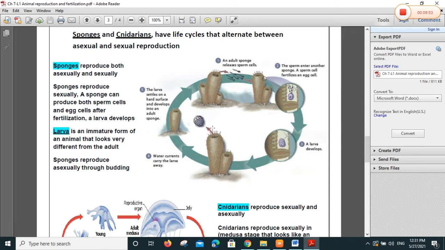The sponge body is fixed in the ground. So the larva moves, the sperm moves, but the main body is fixed in the ground. So the larva lives and swims in the water. The larvae settle on a hard surface and develop into adult sponges. Okay, this is sexual reproduction.